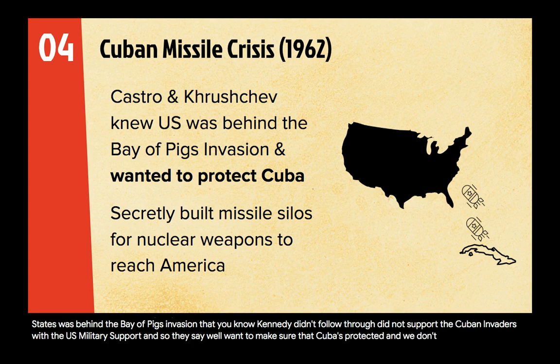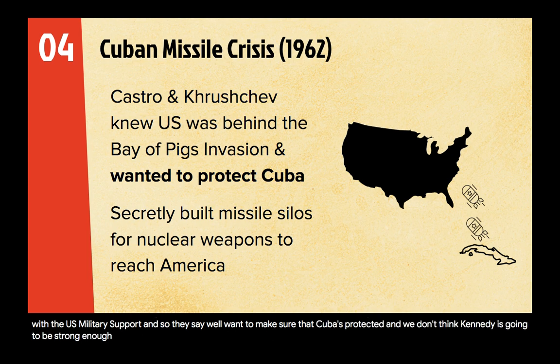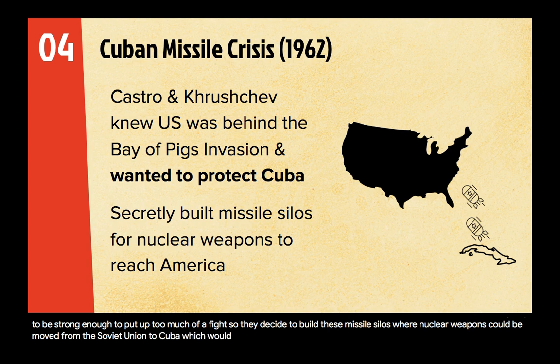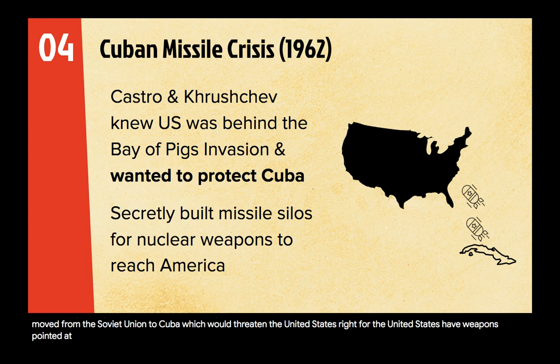And we don't think Kennedy is going to be strong enough to put up too much of a fight. And so they decide to build these missile silos where nuclear weapons could be moved from the Soviet Union to Cuba, which would threaten the United States, right? For the United States to have weapons pointed at us 90 miles away, that's a very serious thing, and something that brings the world almost to the brink.